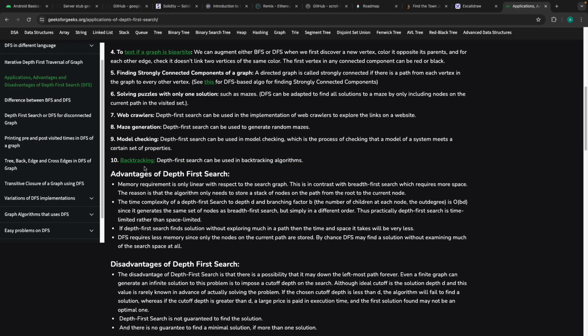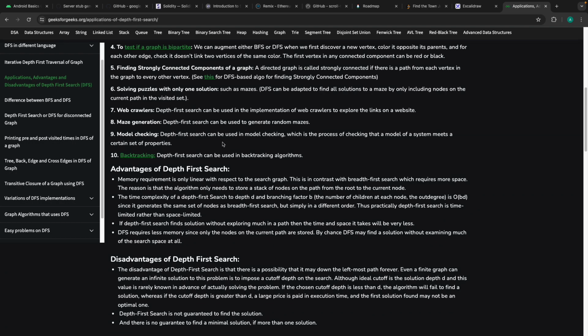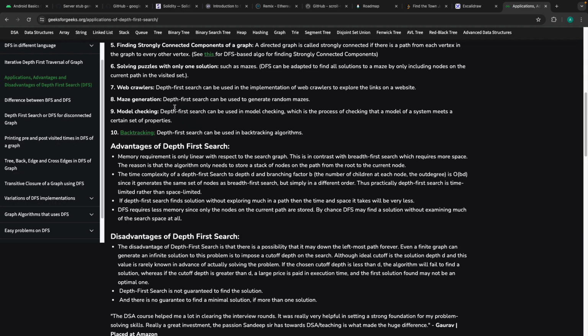Also it is used for backtracking. Maze generation.